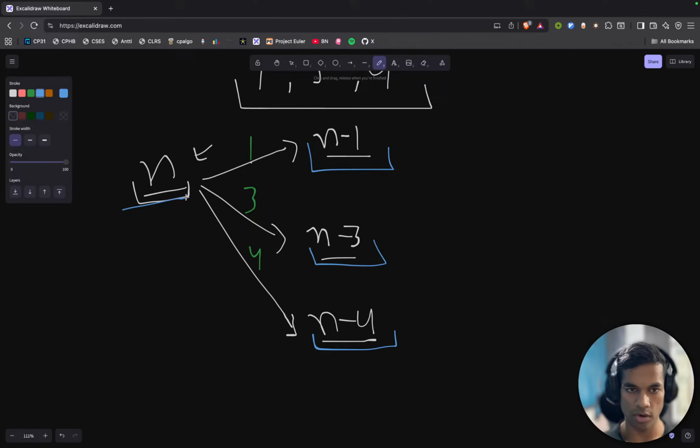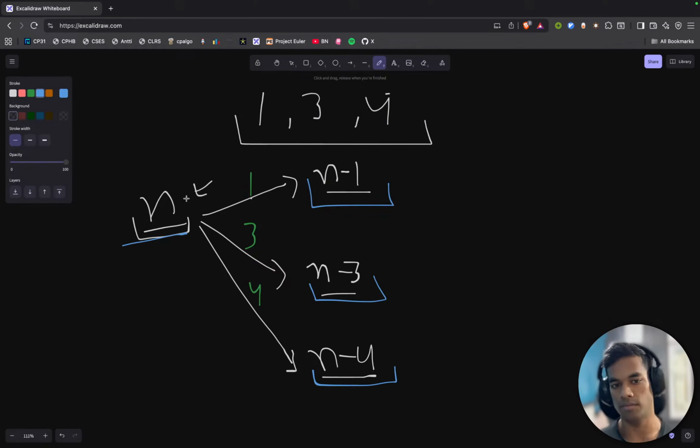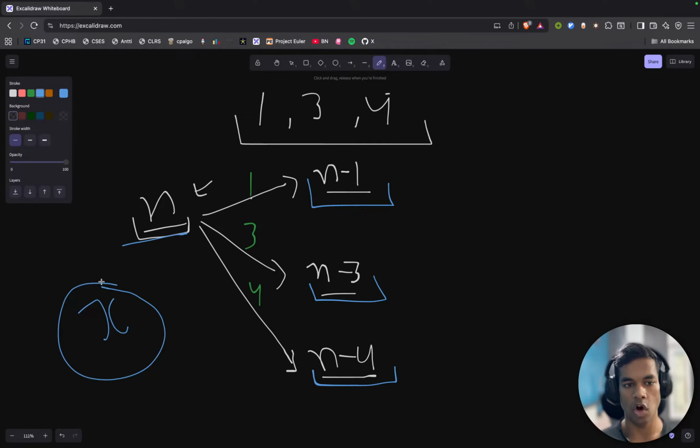We prove it by contradiction. Let's say we got x as our optimal solution to get to a sum of n, and to get to that x, we solved one of these subproblems in a non-optimal way.